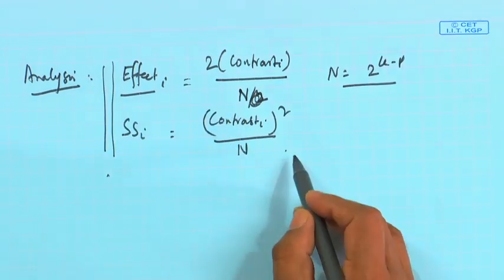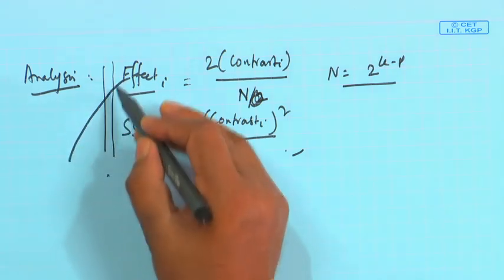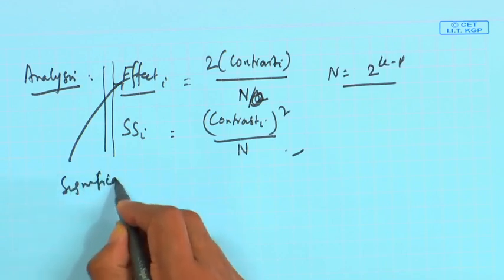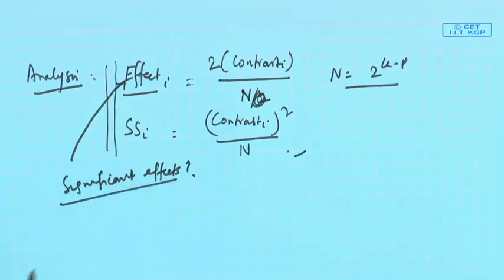Okay. Once you know the effects and the sums of squares, you require another analysis, which is to find which effects are significant. So, what will happen here?